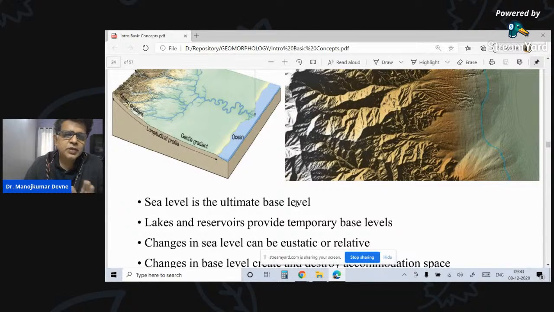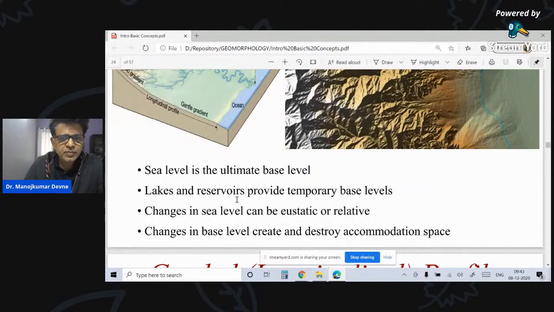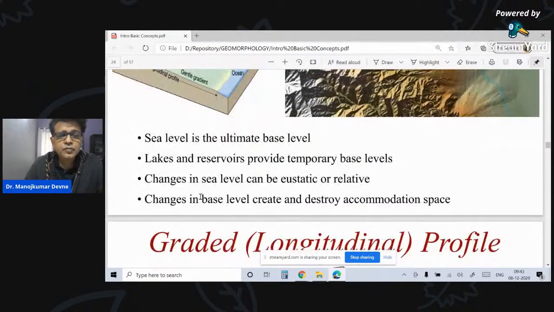So once this water from land travels back to the oceans, the cycle is complete. And because the cycle is complete, once the water meets the ocean, it does not carry out any further erosion. Lakes and reservoirs, by the way, these are stagnant water bodies. These are temporary base levels as such.